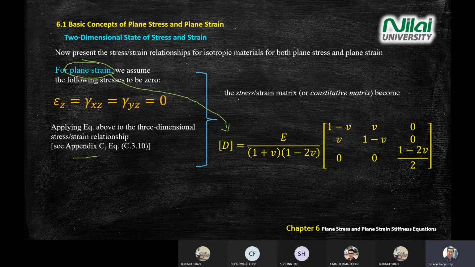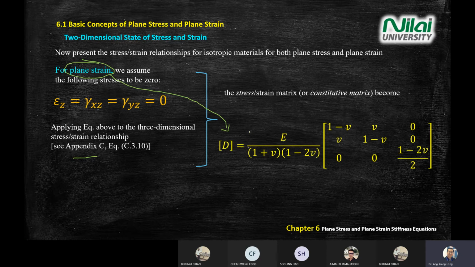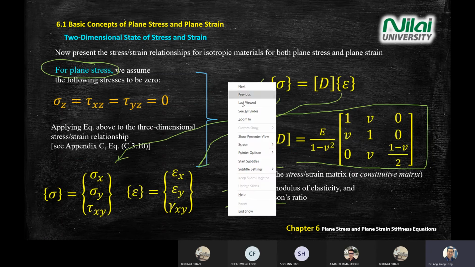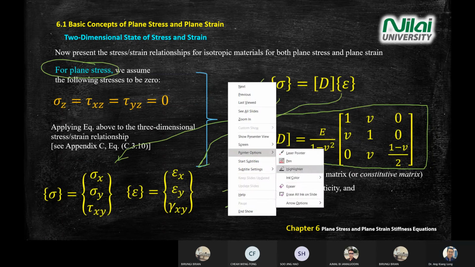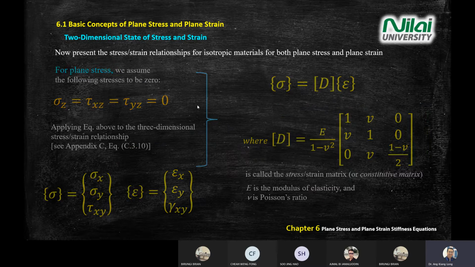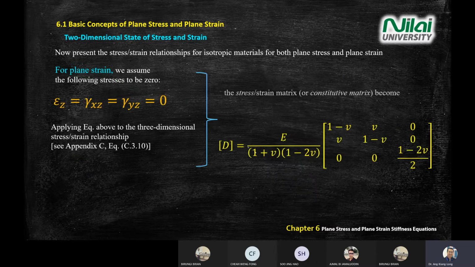This matrix we also call the constitutive matrix, but for the strain dimension. So remember there are two different D values that you need to know how to differentiate. This one is for stress; when you use stress, use this D. When you solve a strain question, use this D instead.